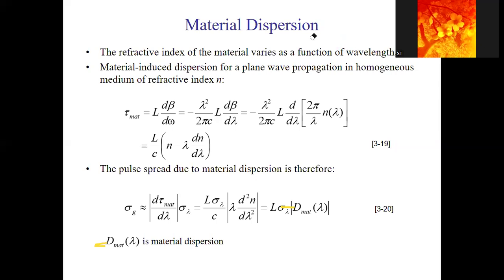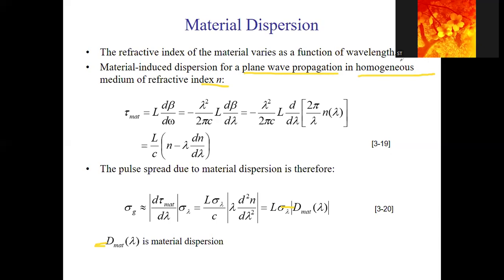So how do you calculate the material dispersion? First we calculate the group delay. Here a few assumptions are to be made. The first assumption is that there is plane wave propagation in a homogeneous medium with refractive index n.